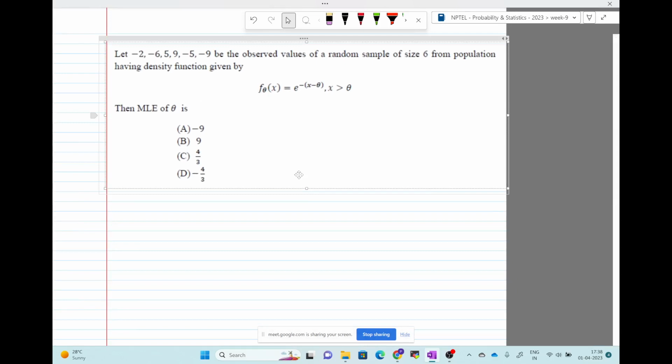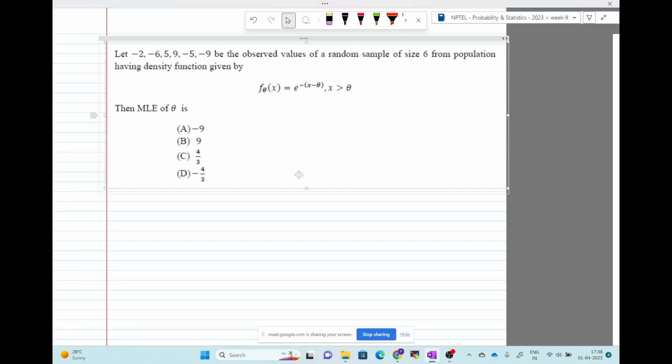Theta is actually lesser than x, right? So we want to evaluate the parameter space first. According to the definition, if theta is lesser than minus 2 in the first case, the space is minus infinity to minus 2.